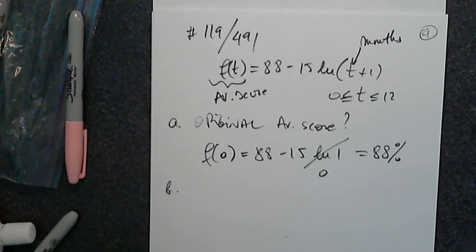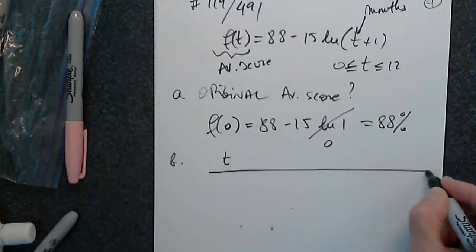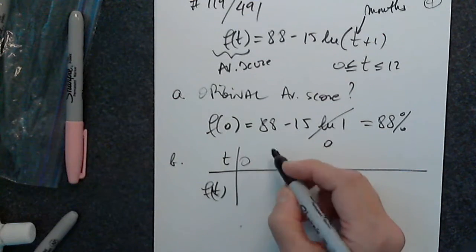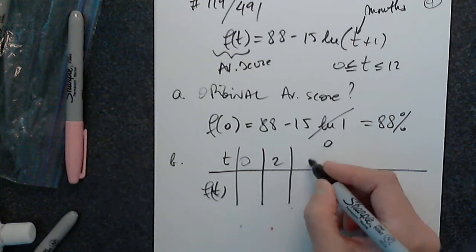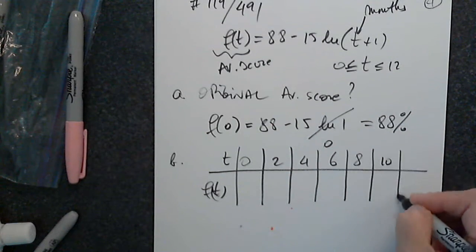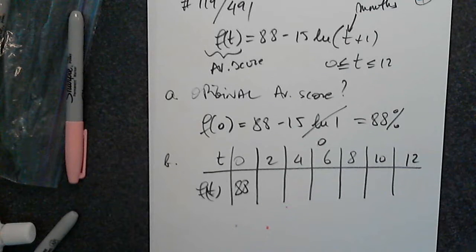Part B. They want us to determine what happened after they took it 2 months later, 4 months, 6 months, 8 months, 10, and 12. We're going to construct a table. We're going to put 0, 2, 4, 6, 8, 10, and 12. And in the first value, we're going to put 88. The rest, I have to use a calculator.